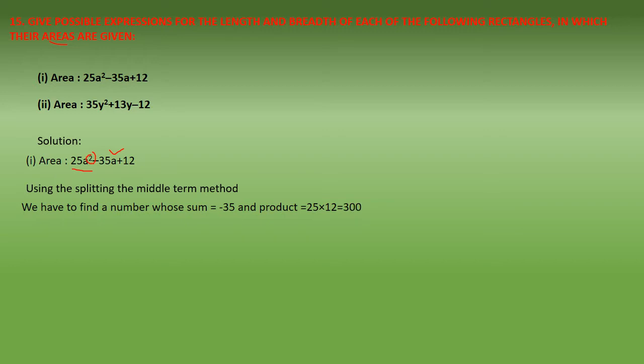We have to multiply these, and find numbers that, when we add them we get this, and when we multiply them we get the product of these two numbers. So we can factorize 300.